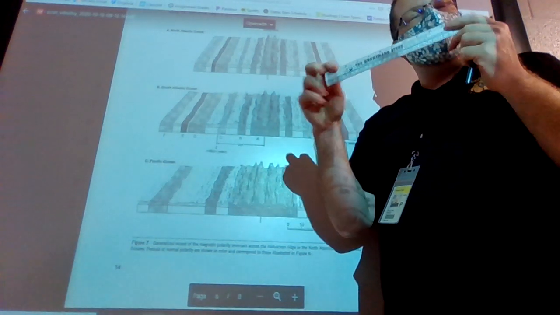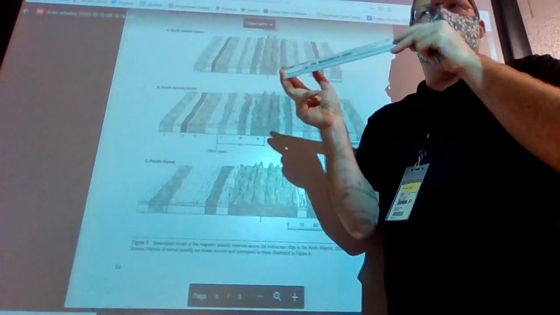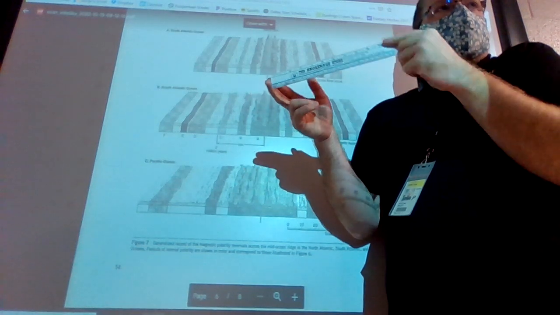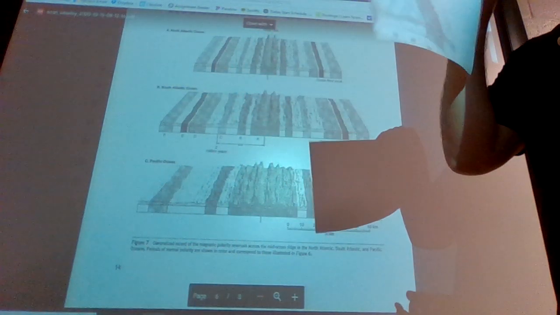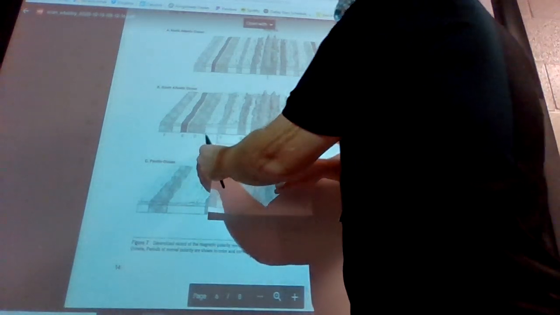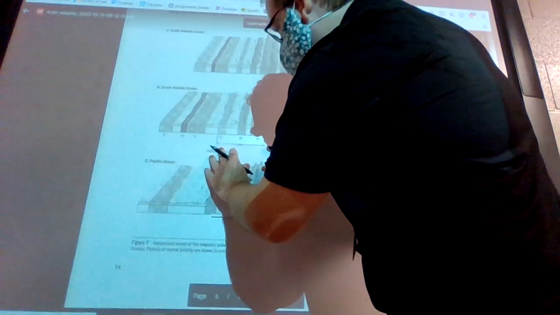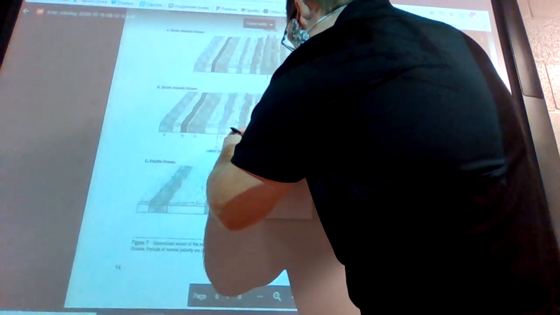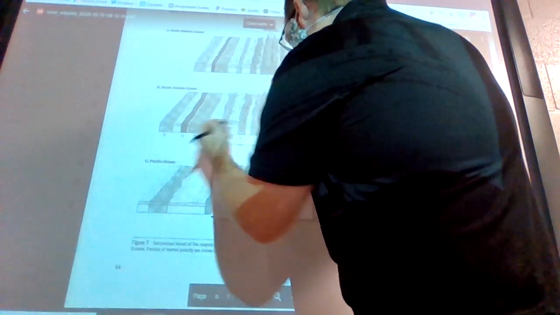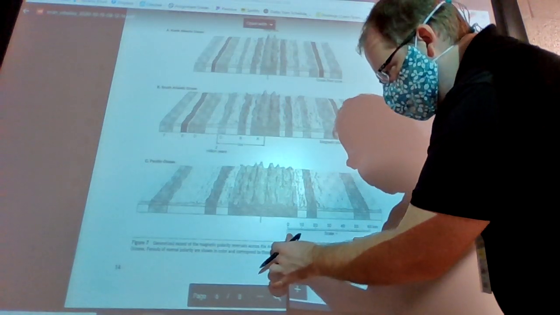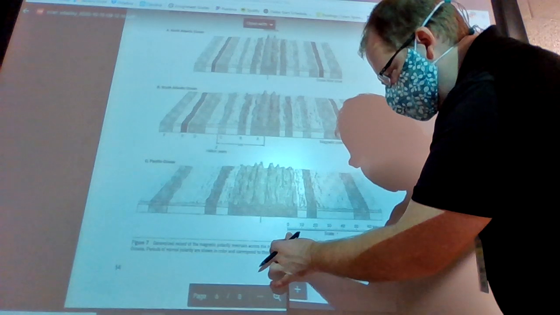I would maybe suggest not even using a ruler, because rulers bring in extra numbers that don't really need to be done. What I do to make it simple is just take a blank sheet of paper and make a mark. Do I have a pen with me? Yeah, so I would set this up and then make a mark on my sheet of paper. Then I bring this down and line it up with the 0, and just see where my mark is.